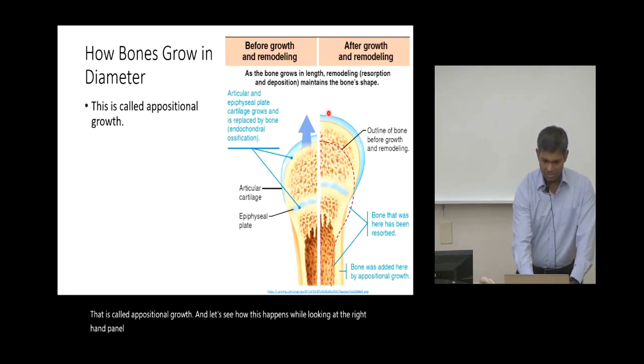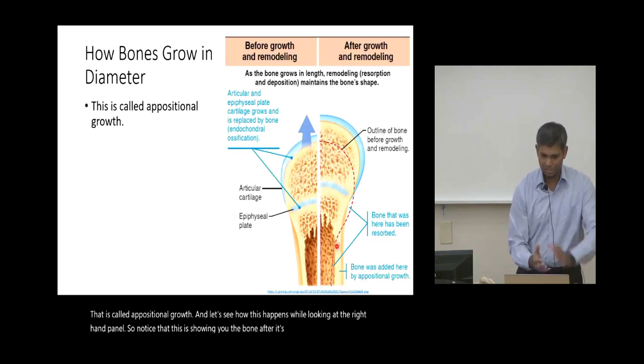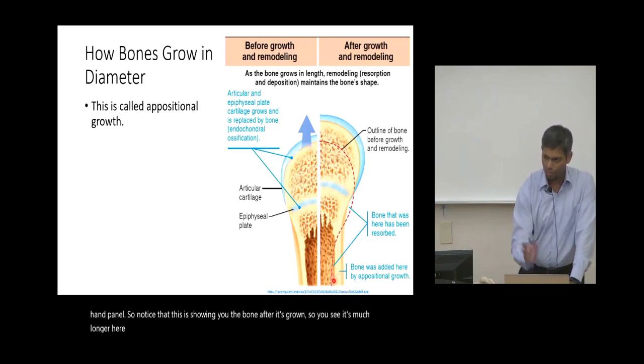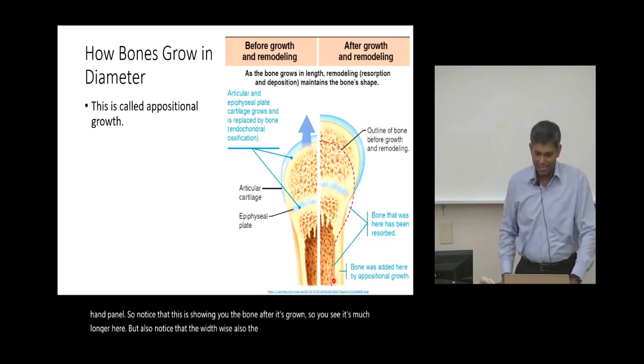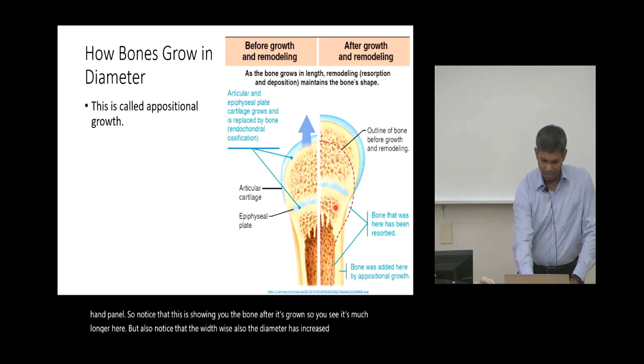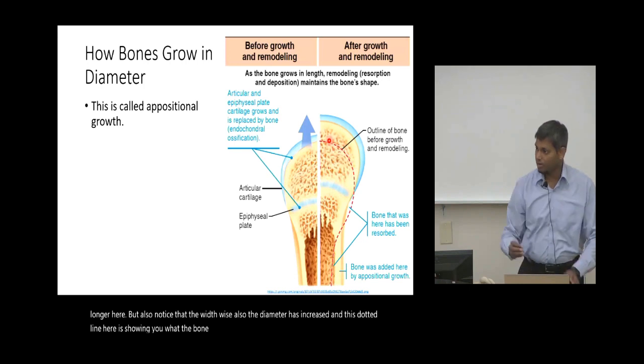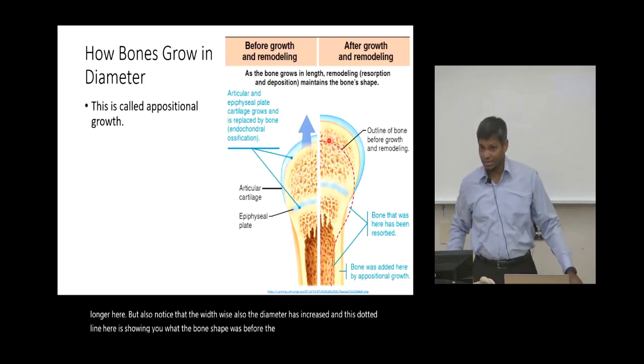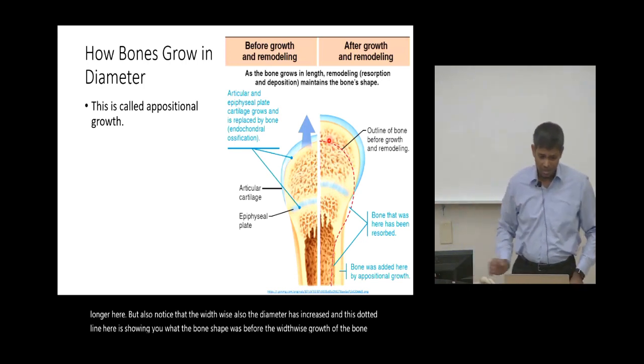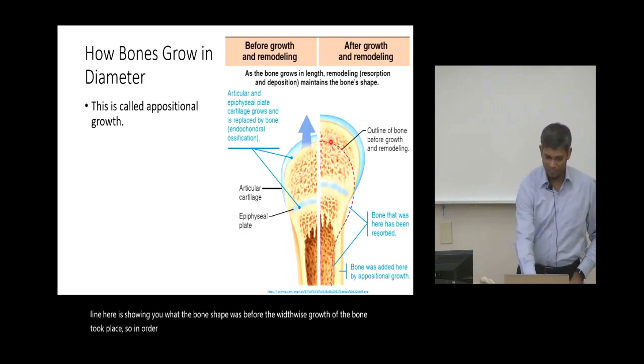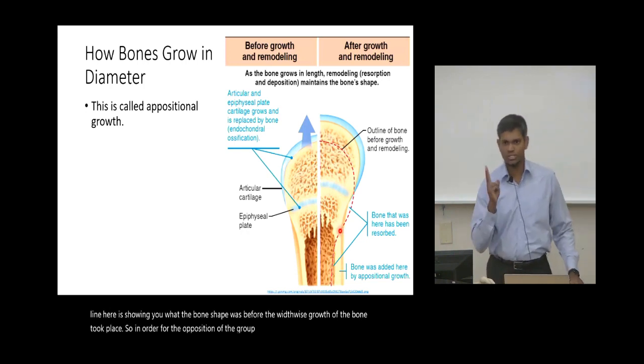So notice that this is showing you the bone after it's grown, so you see it's much longer here. But also notice that widthwise, the diameter has also increased. And this dotted line here is showing you what the bone shape was before the widthwise growth of the bone took place. So in order for the appositional growth to take place, two things need to happen.